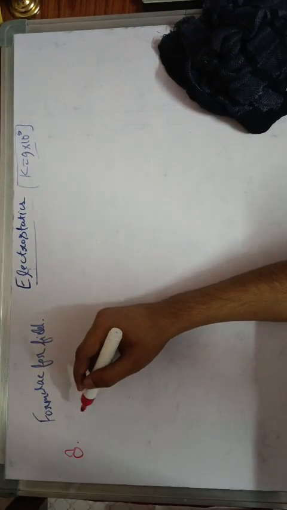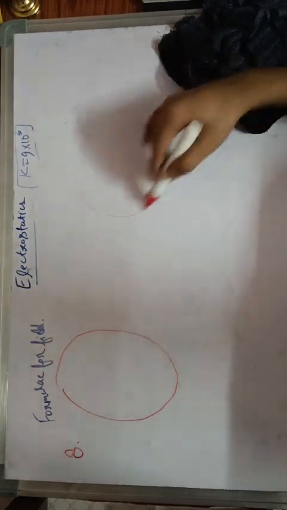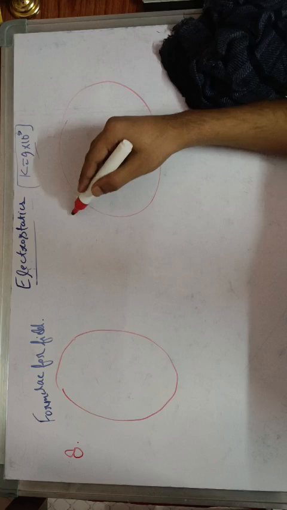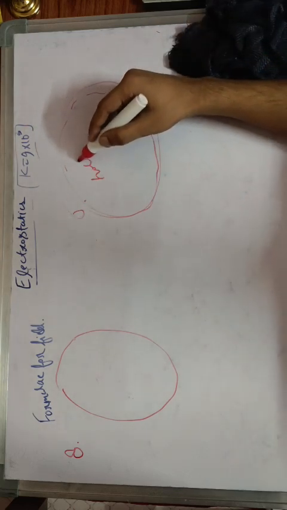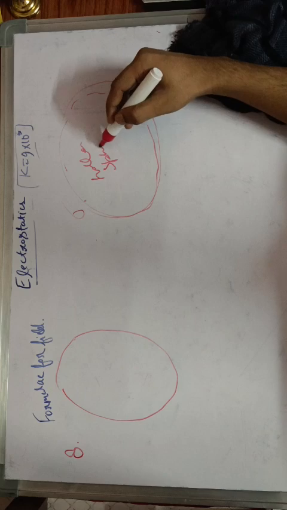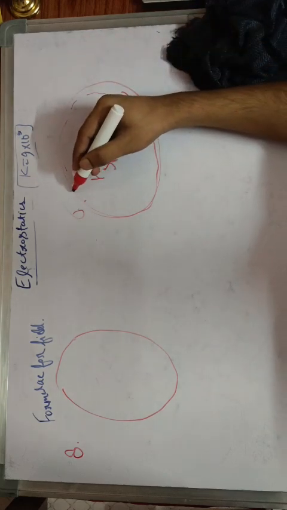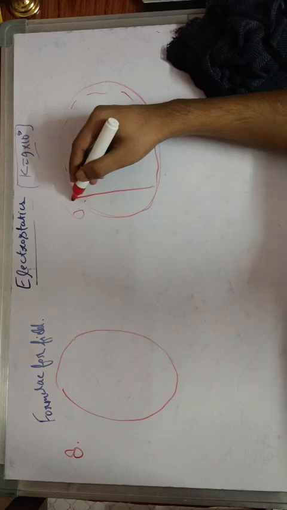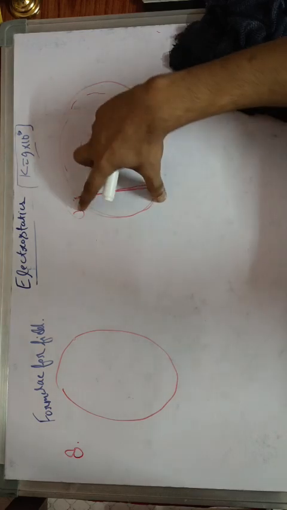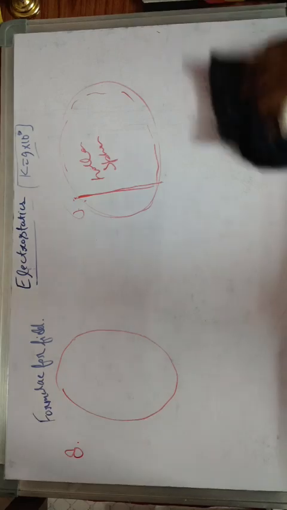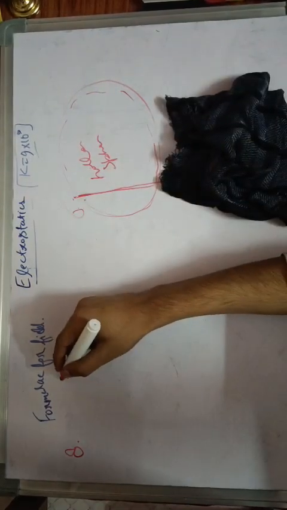Let's say there is a sphere of sigma charge density at its surface, a hollow sphere. This is a hollow sphere and has sigma charge density at its surface. Now I cut a cross section of it, and I cut out a part of it. Let's say I cut this part and take it here.